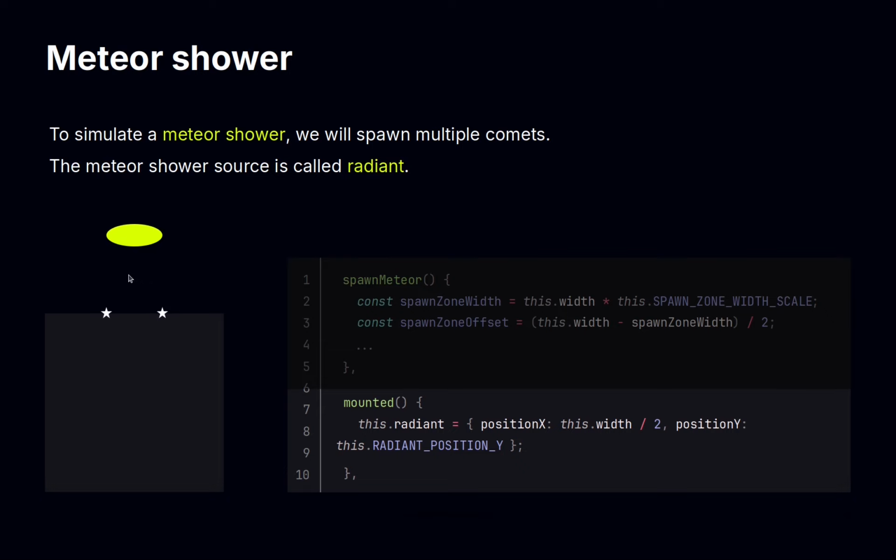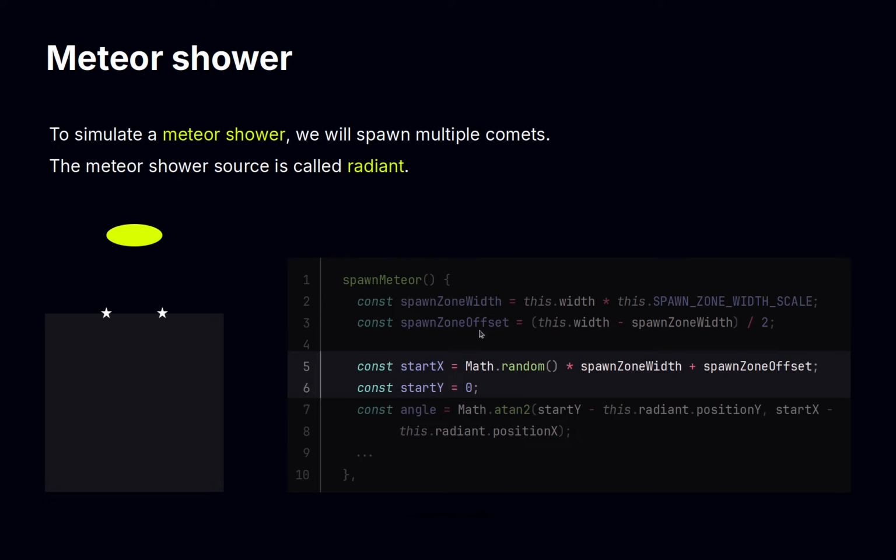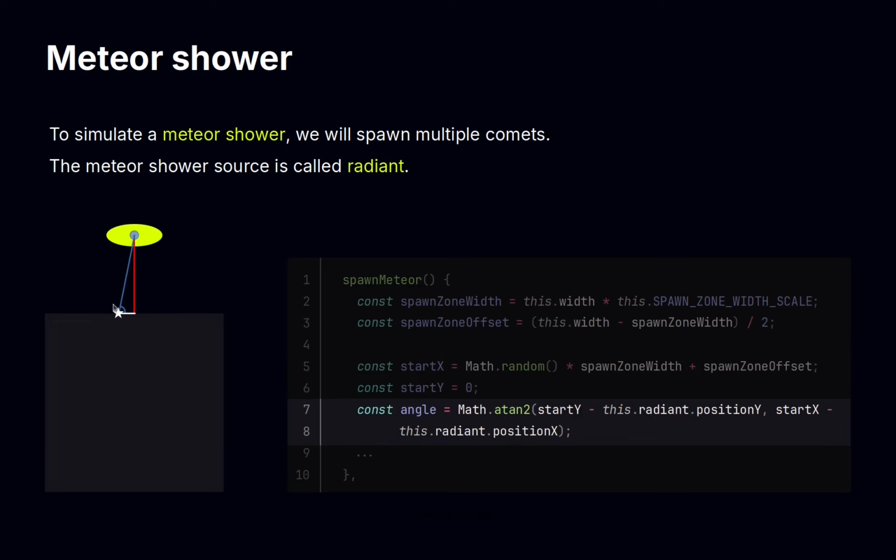So here are the boundaries of the radiant. And here, inside this spawn meteor method, we are going to pick a random point between these two boundaries. You can see that start Y will always be here at the top, but X can be anywhere in this interval. Let's say that X is here. Now we are going to calculate the angle in a different way, because now we want the direction of the comet to come from the radiant point, and it should pass through the point.